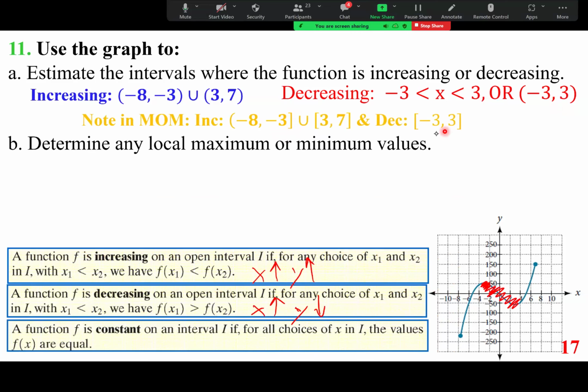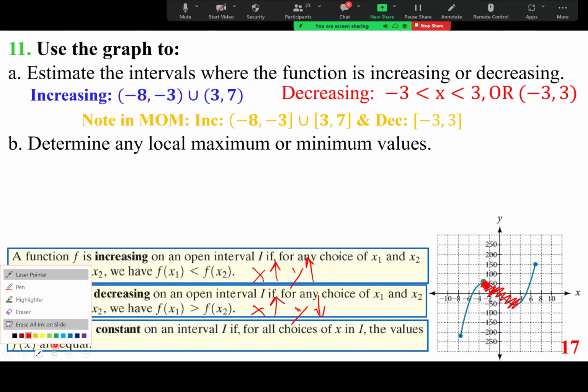Determine any local maximum or minimum values. Well, this one, let me erase so we can see where it's located. This one has a y coordinate of 50. So the local max is equal to 50, and has an x coordinate of -3.